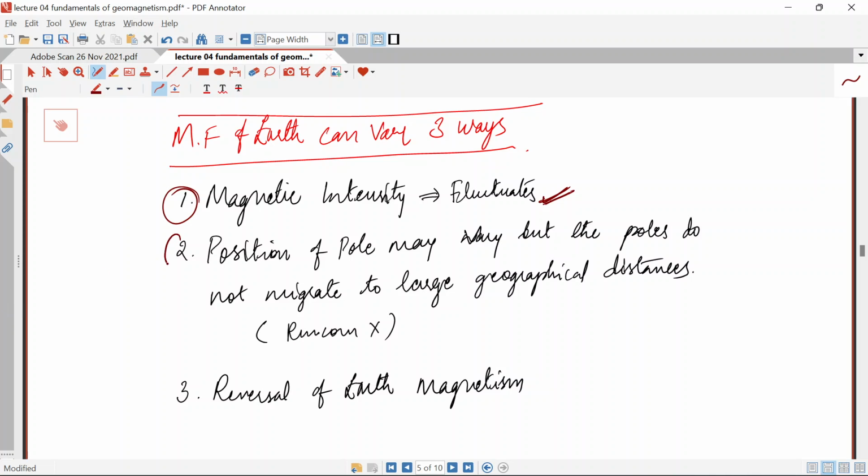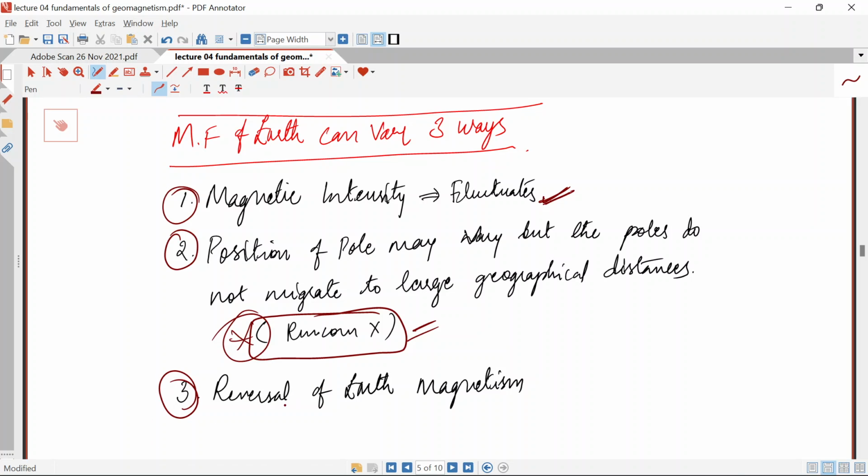The next thing is that the position of the pole may vary, but the poles do not migrate to a large geographical distance. Positions may vary, but they do not travel to a larger geographical distance. So the postulation or theory made by Runcorn is incorrect, as I said we'd discuss later.